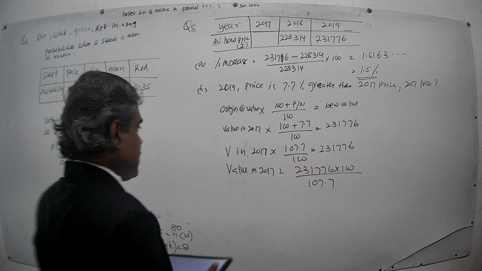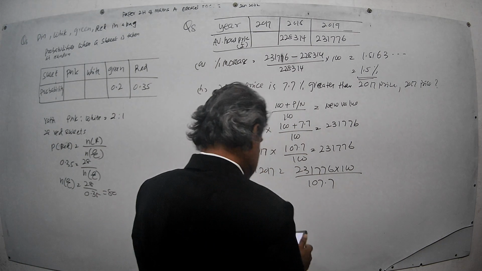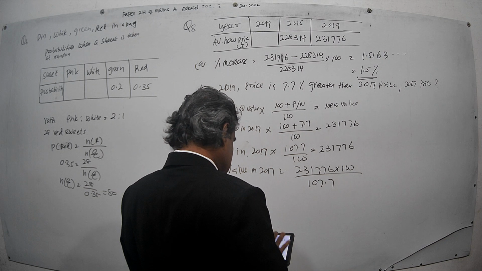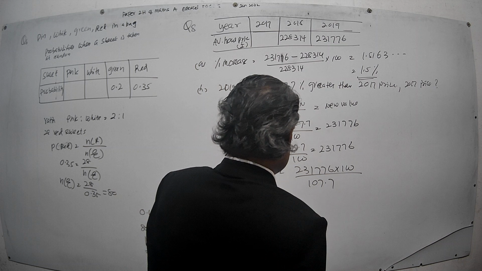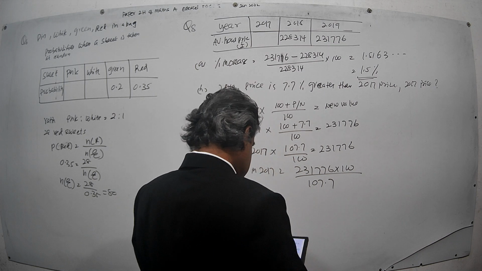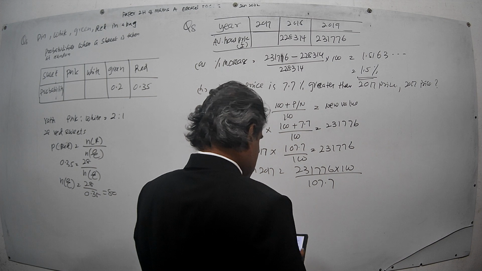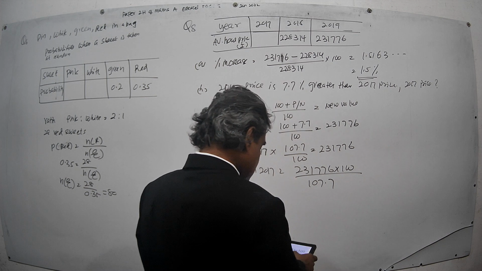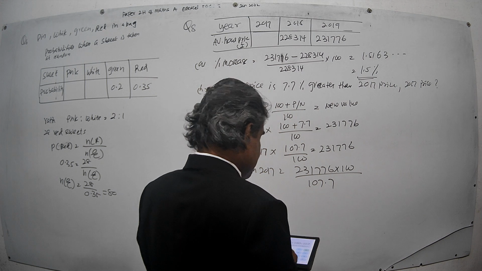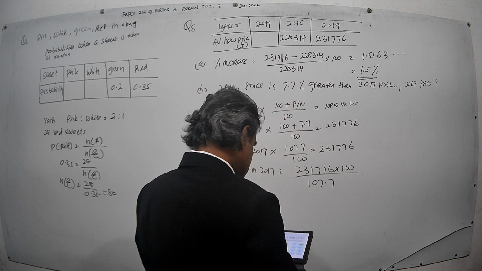On the calculator: 231,776, then multiplied by 100, then divided by 107.7.